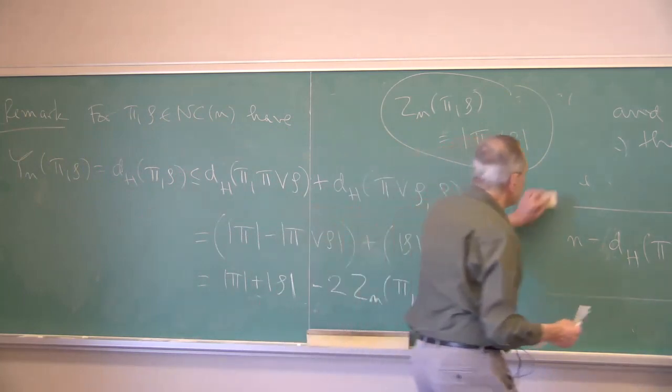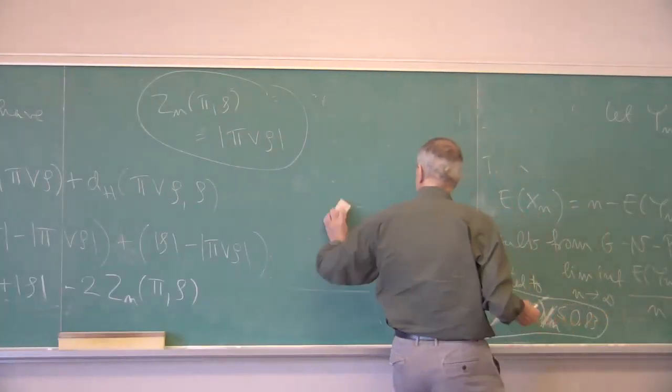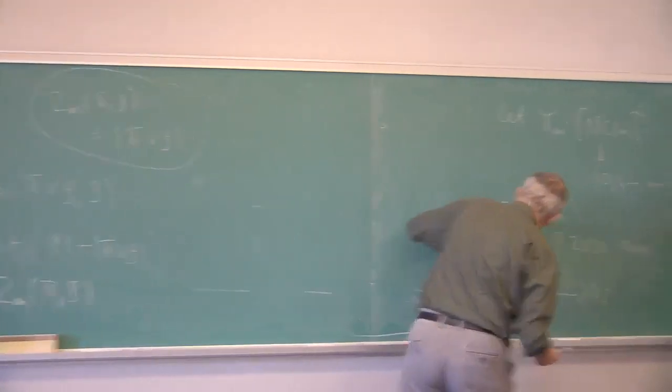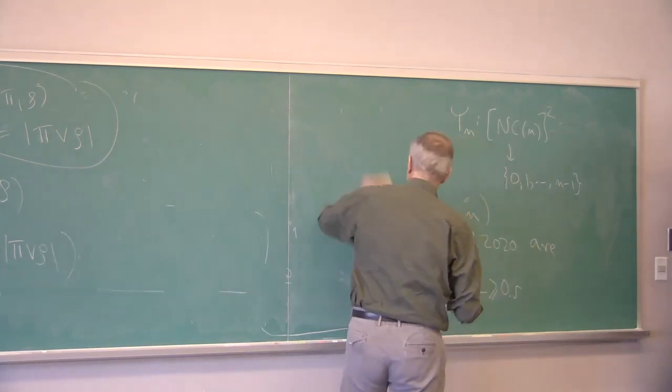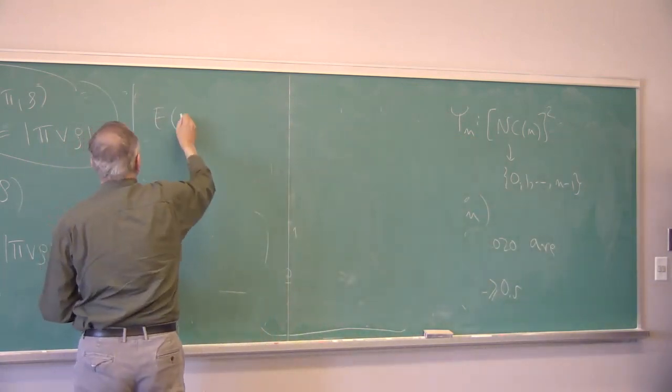Okay. So then if I do my calculation of expectations, I get a formula, but it's just going to be an upper bound.